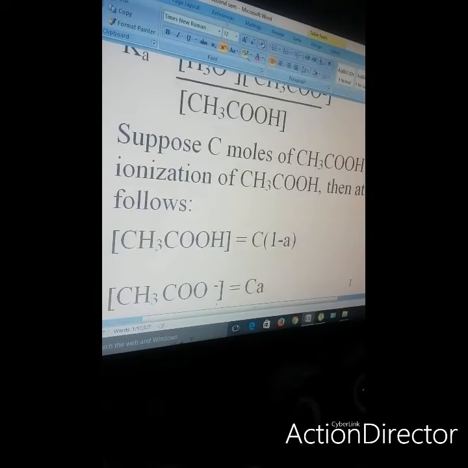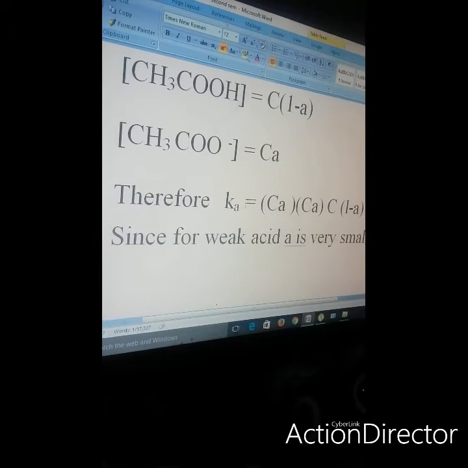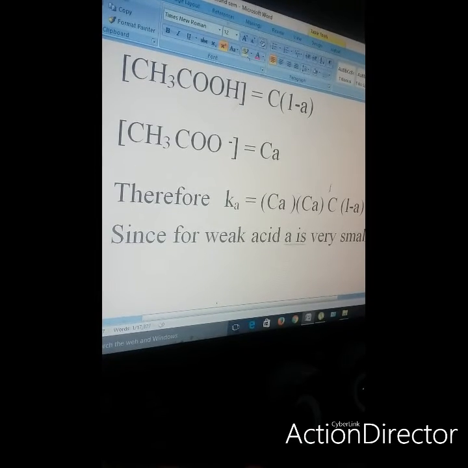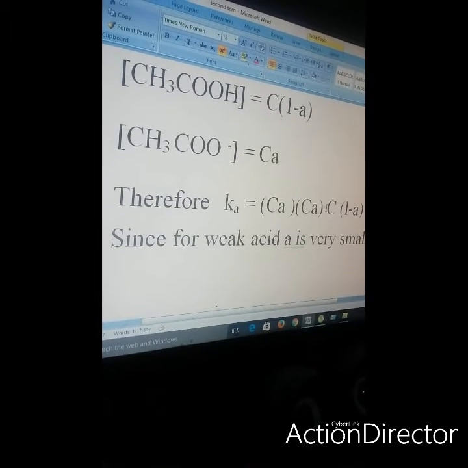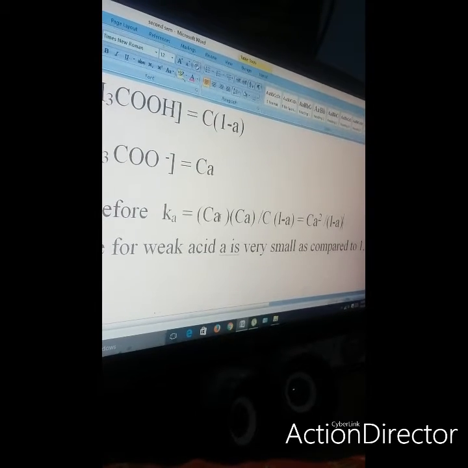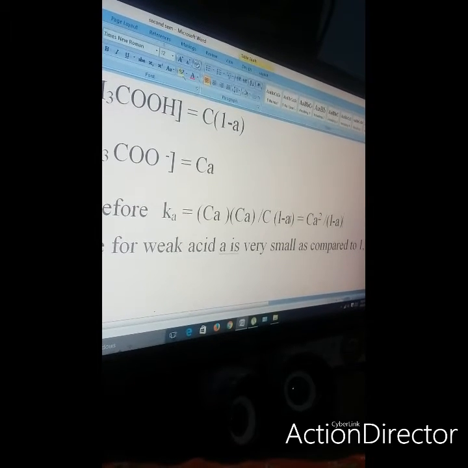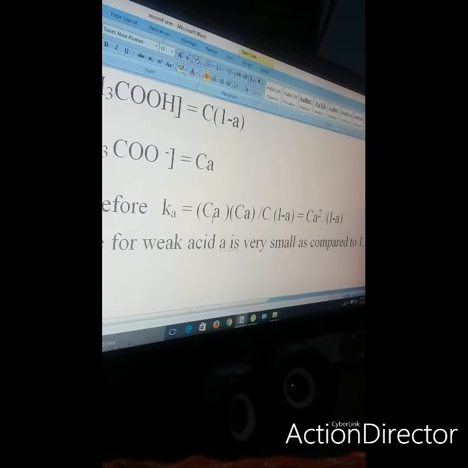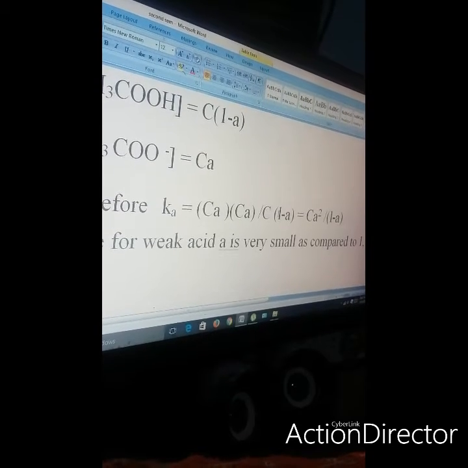The concentration of hydronium ion will also be C alpha. So Ka will be equal to C alpha, the concentration of acetate, times C alpha, the concentration of hydronium ion, upon C(1 minus alpha), the concentration of acetic acid. So it will be C squared alpha squared upon C(1 minus alpha).